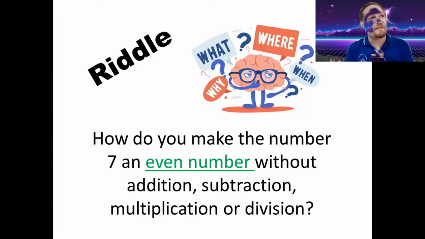Now let's recap. An even number would be 2, 4, 6, 8, 10. Okay, any number that can be divided evenly. So how do you turn the number 7 into an even number? I'll tell you the answer at the end. Good luck.